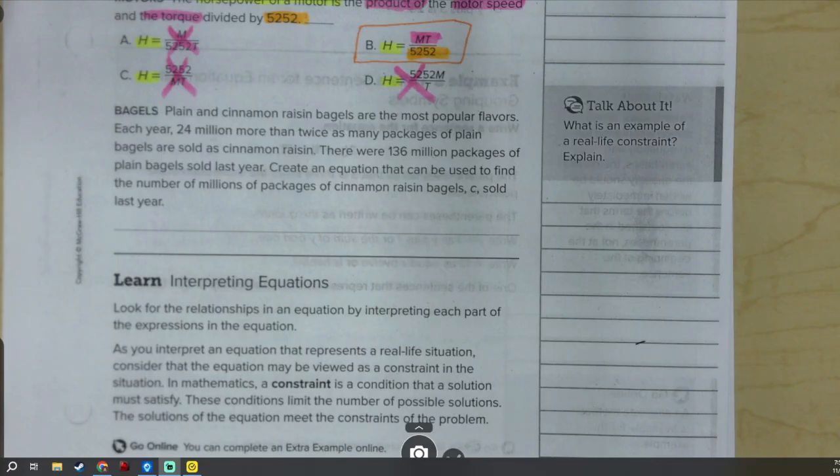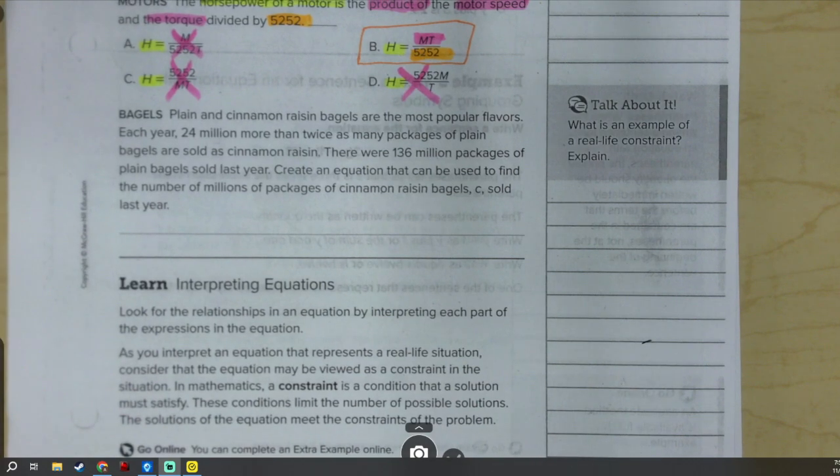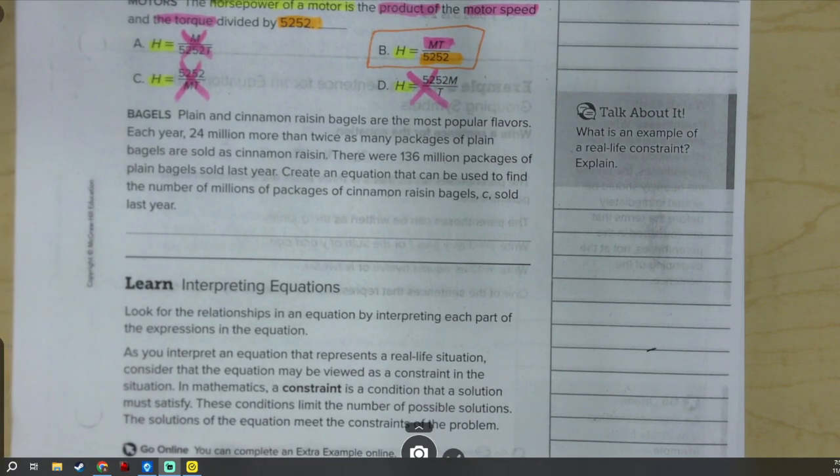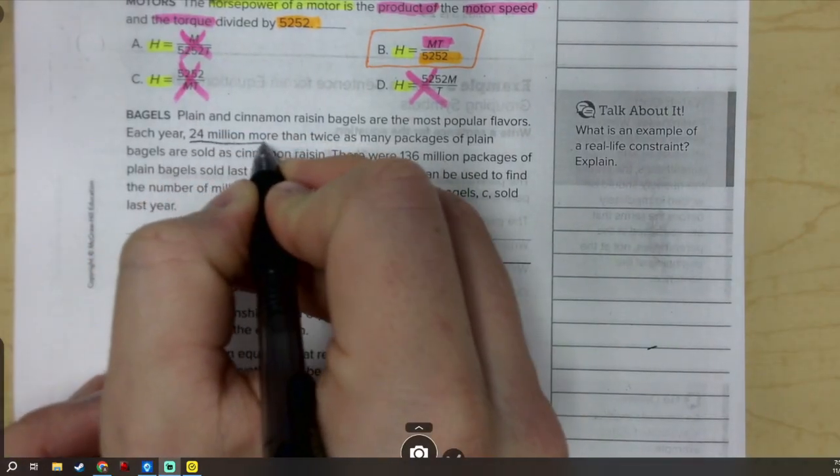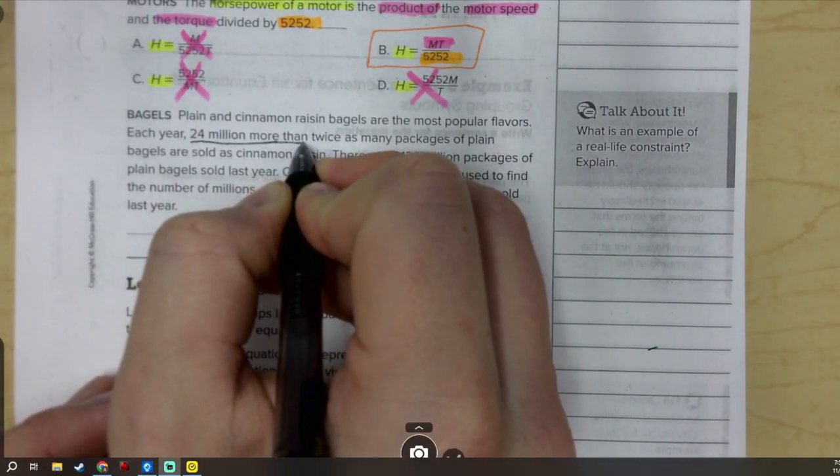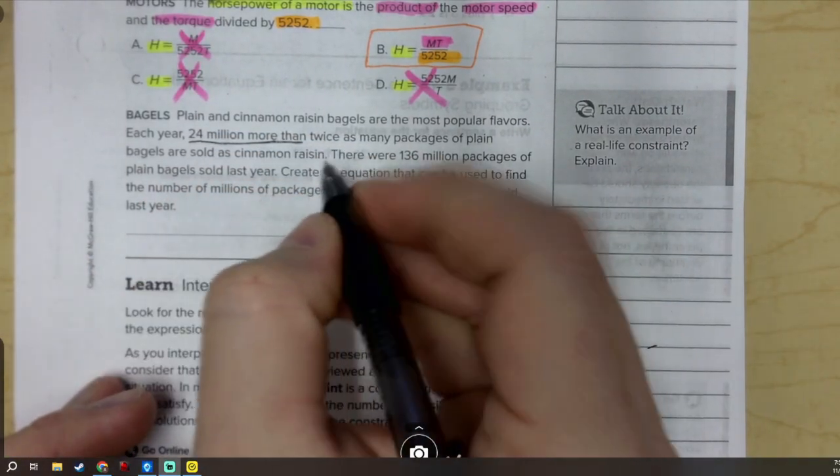Plain and cinnamon raisin bagels are the most popular flavors each year. We have 24 million more than twice as many packages of plain bagels are sold as cinnamon raisin. So this sentence right here, let's break this down. We have 24 million more than twice.